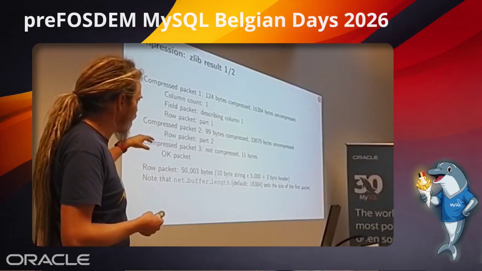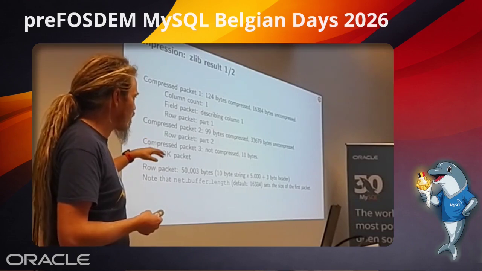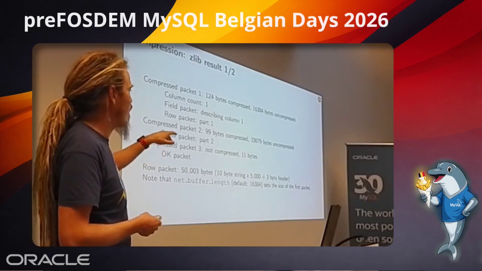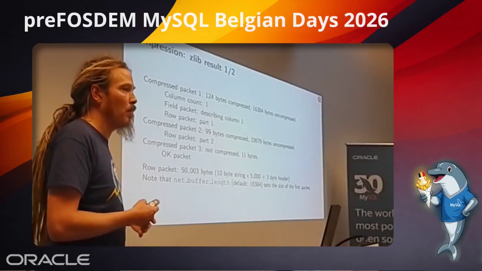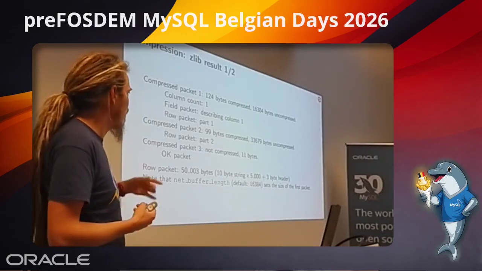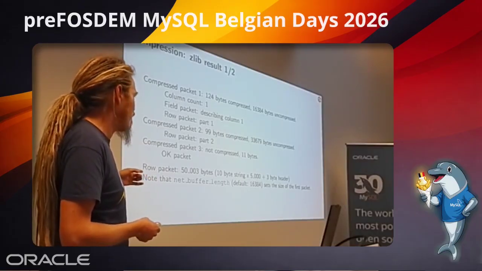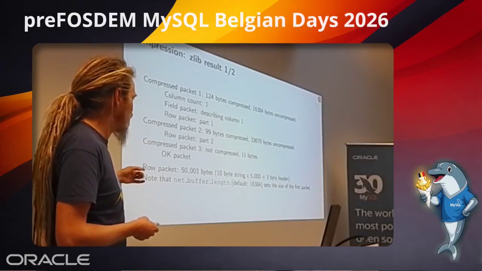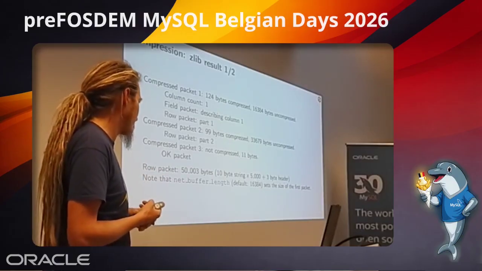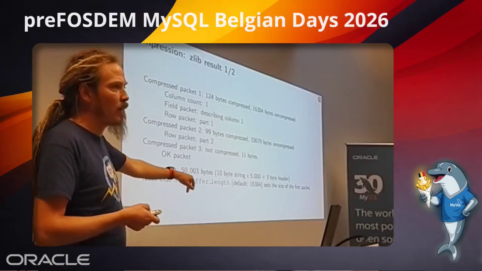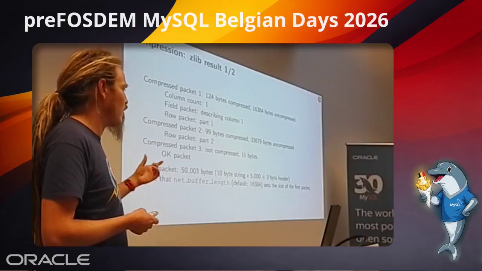So compressing with zlib, the compressed packets that are sent for the returned result set will be 3 packets. The first packet being 124 bytes compressed and 16K uncompressed with the column count in there, the field packet describing the first column, and the first part of the row packet.